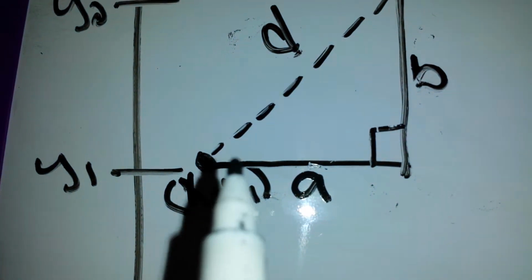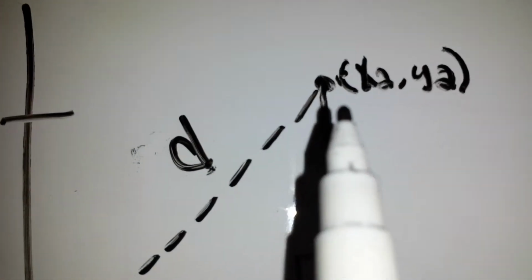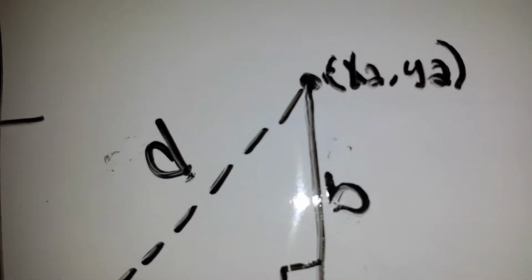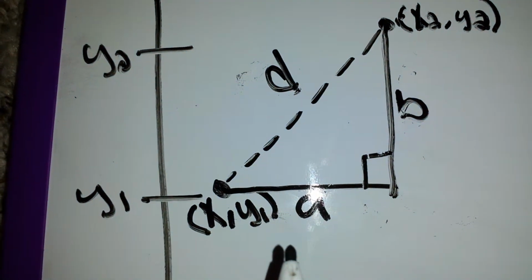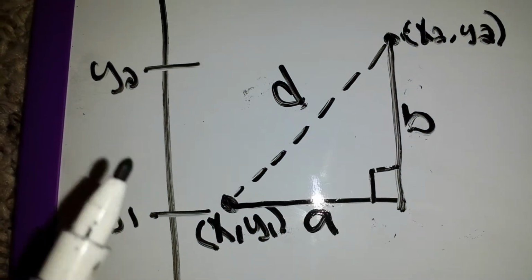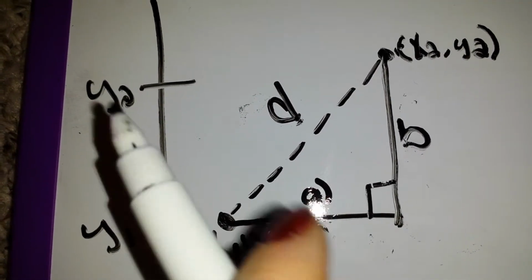So if I'm already at the value x1, and then I go up to x2, then that horizontal distance is going to have a value of, and let's just put the A right here.